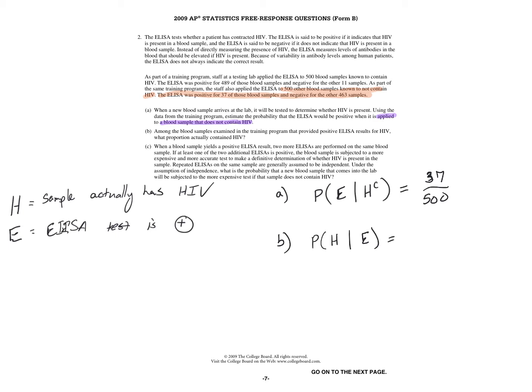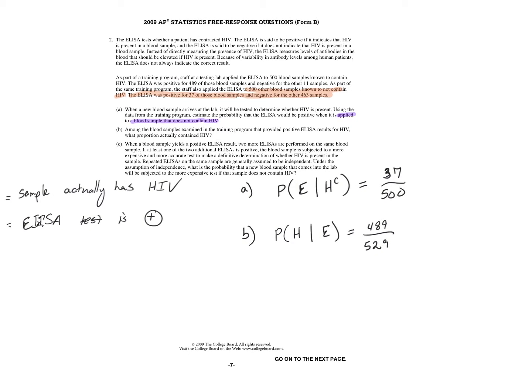It's just going to be the number that had both the HIV in the blood, and a positive test. That's going to be this 489 divided by the total number of positive tests, which is 526, which is coming from the 489 plus the 37. And so we get whatever decimal this is roughly equal to. It's equal to about 0.924.